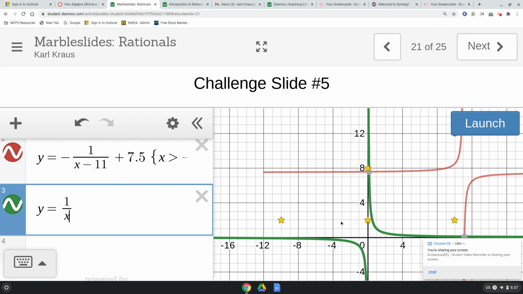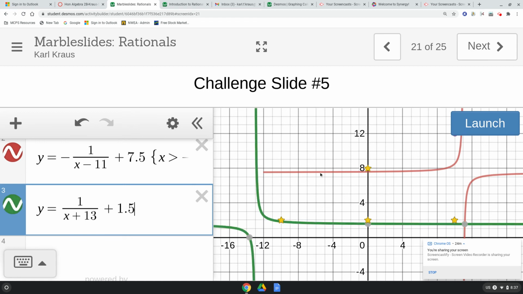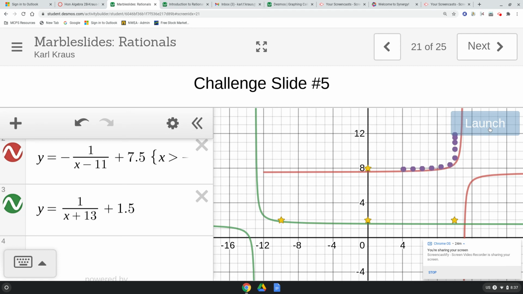And I just want to move this over, so let's do plus 13 here. So that's almost right, but you need to move it up a little bit. So if I add 1.5 there and then hit launch. And that works there.